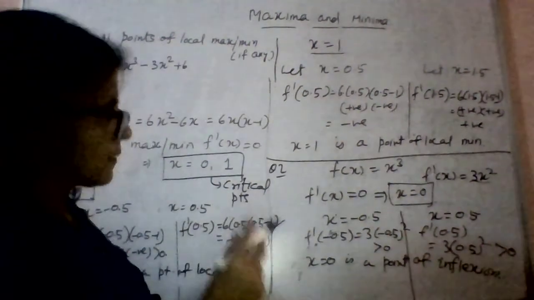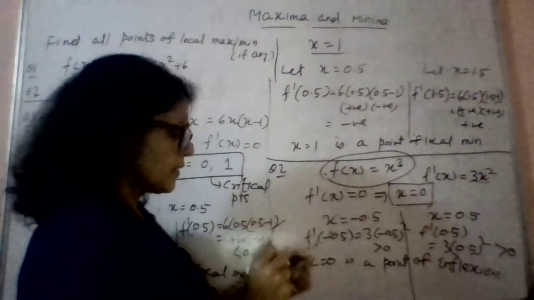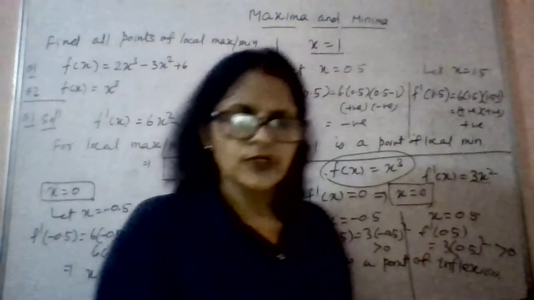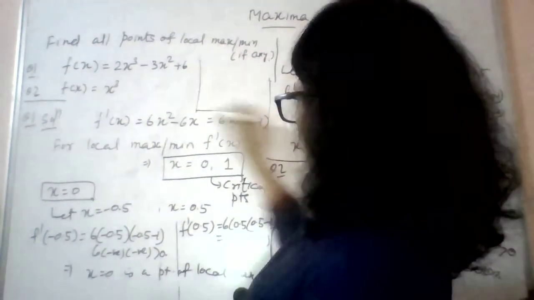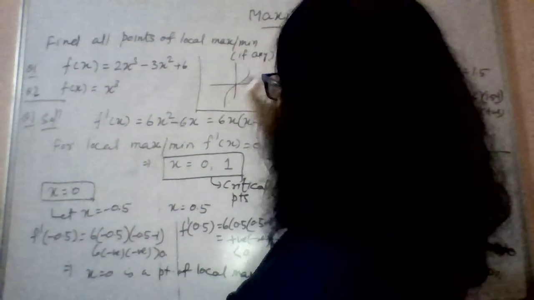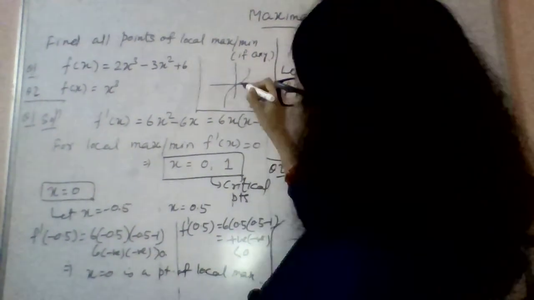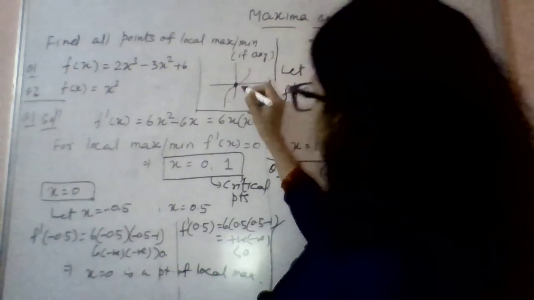Okay, so point of inflection, as you know, f x equal to x cube is a cubic curve. The shape of the curve is like this, if I draw it here. Whenever you take the cubic curve like this, here you see a sudden change at x equal to 0, the shape of the curve changes.